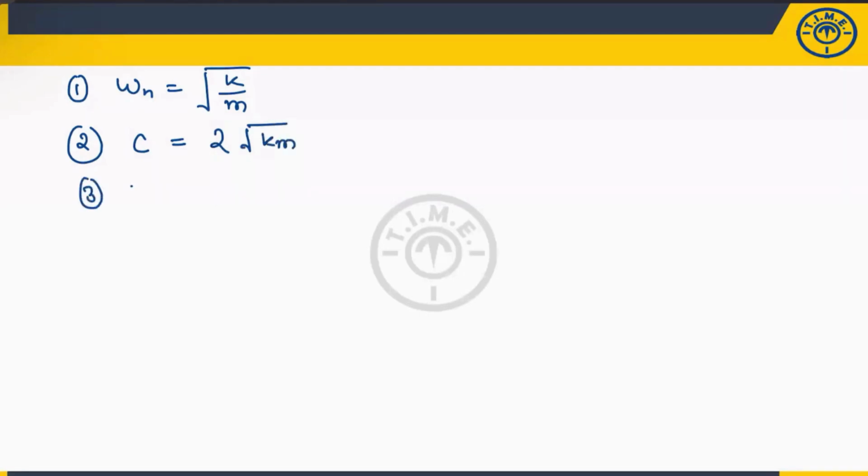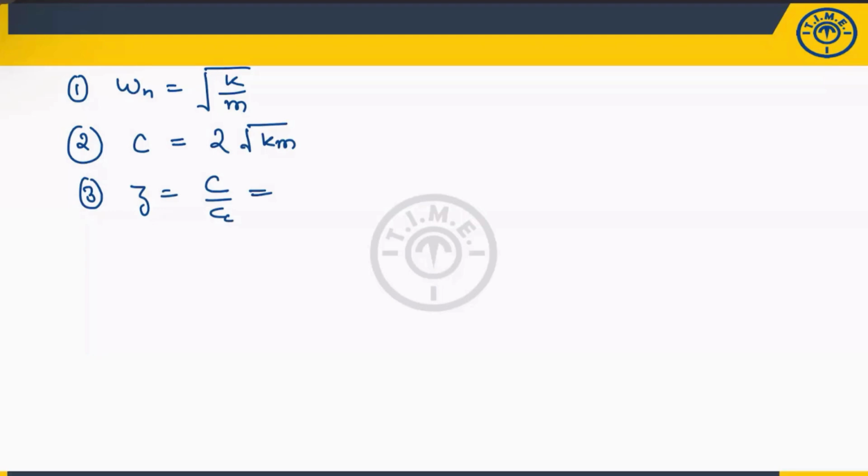The first formula which I have written: omega n is equal to root of k by m. Second is how you will calculate the c value, the critical damping coefficient. The c value is nothing but 2 square root of km. The third one I have mentioned, zeta is equal to c by cc.